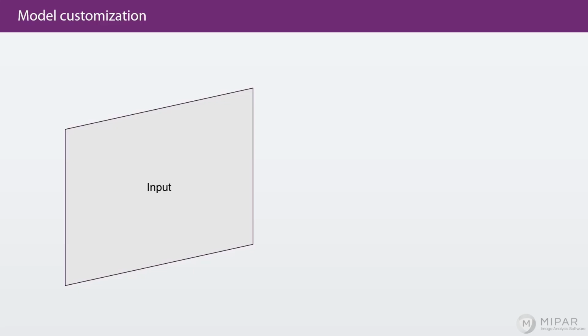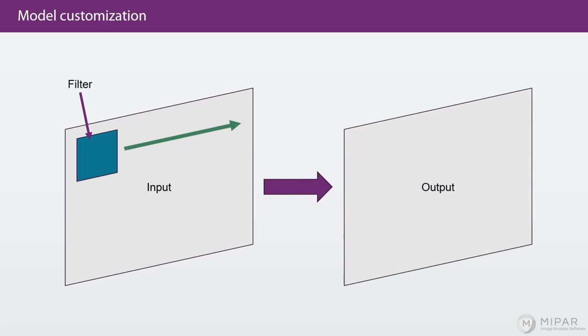So if you start with an input image here, when a model attempts to classify a particular pixel in the image, it looks at a small window of pixels around that, known as a filter. And it considers this neighborhood when deciding what this one pixel in the center should be classified as. The filter is then scanned across the image to produce an output for each pixel.